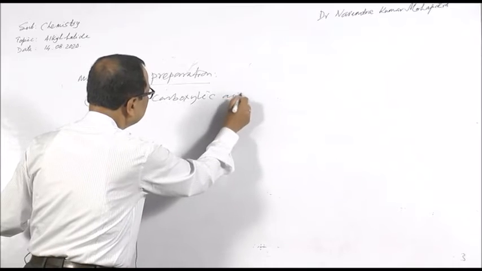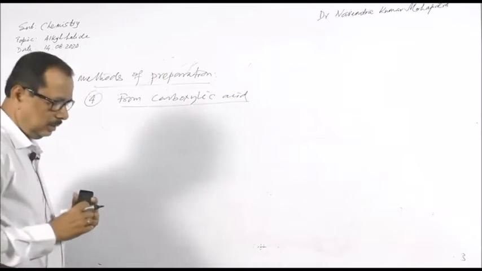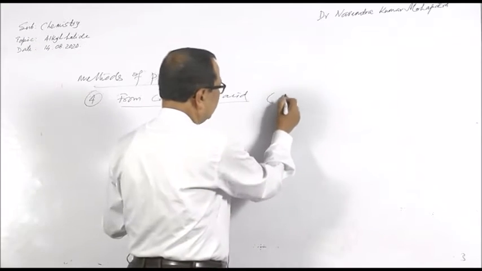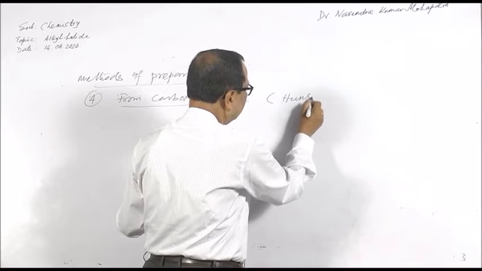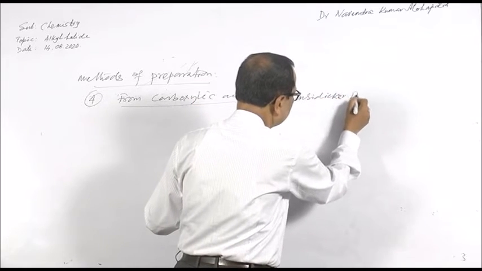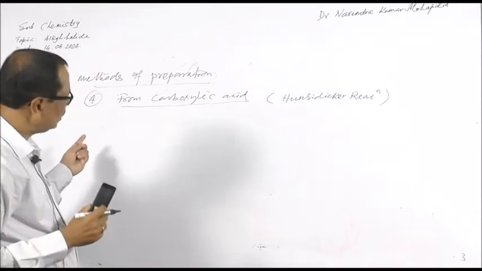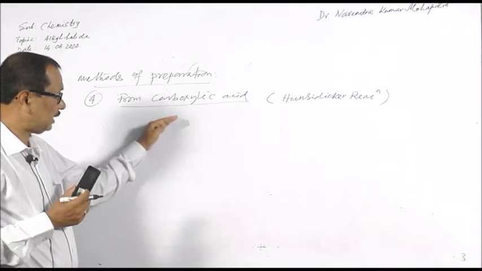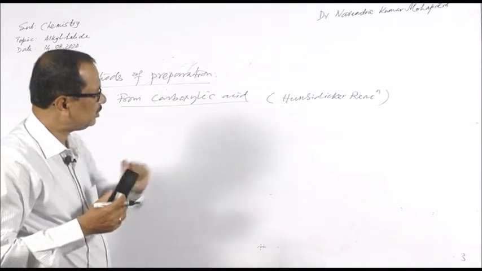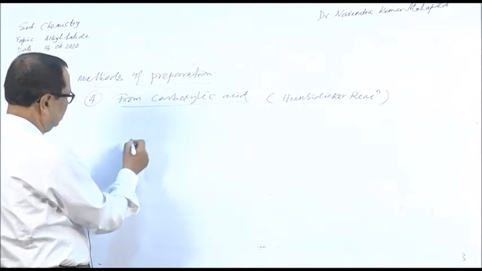This reaction is called the Hunsdiecker reaction, H-U-N-S-D-I-E-C-K-E-R. Here, the silver salt of a carboxylic acid, when heated with bromine in the presence of carbon tetrachloride, gives the product alkyl bromide.